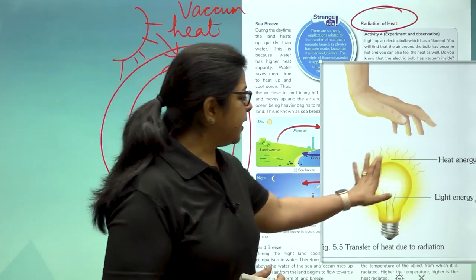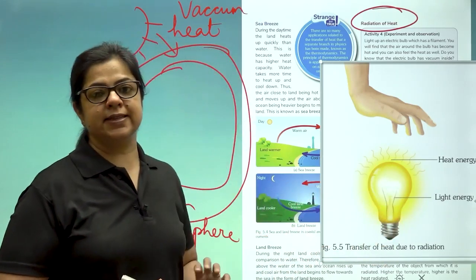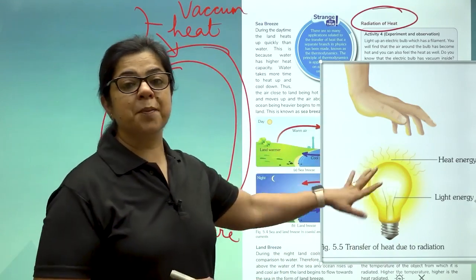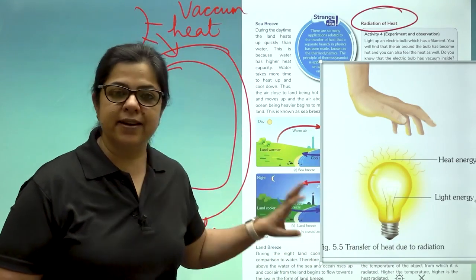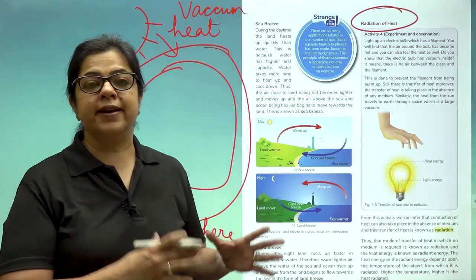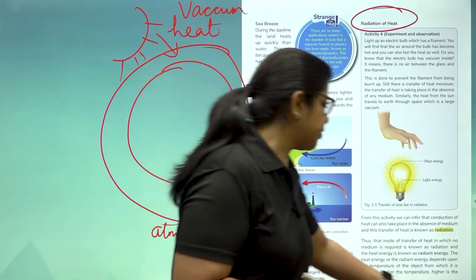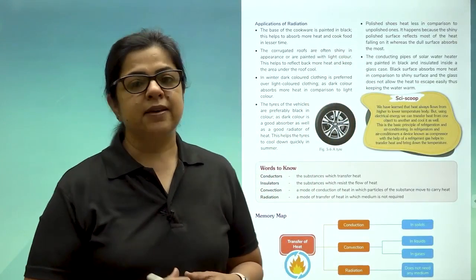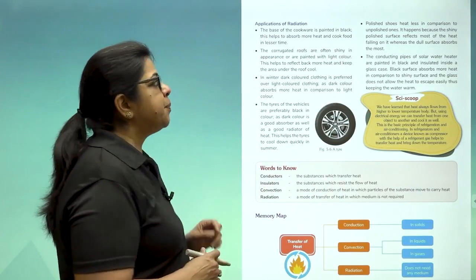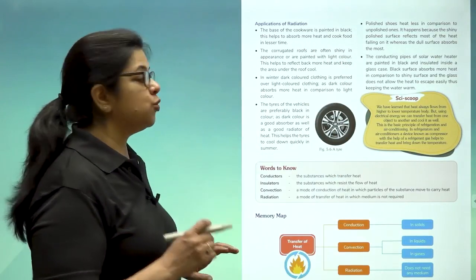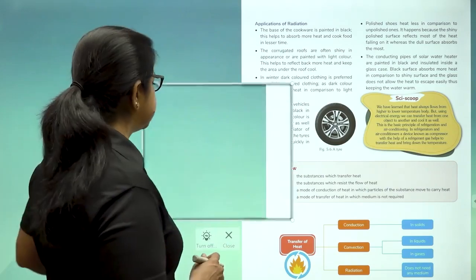Even then, the glass case gets heated. The heat is radiated outside. So what is happening inside the glass case? Radiation is taking place. So therefore, children, radiation is a means of transfer of heat in which no medium is required. Now, what are the applications of radiation? Let us take a closer look and understand the same.